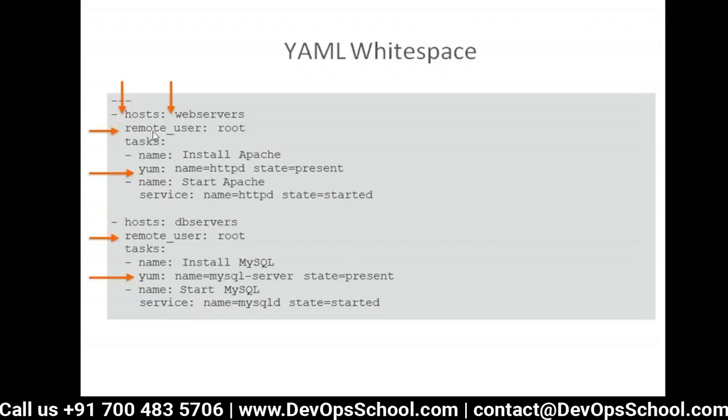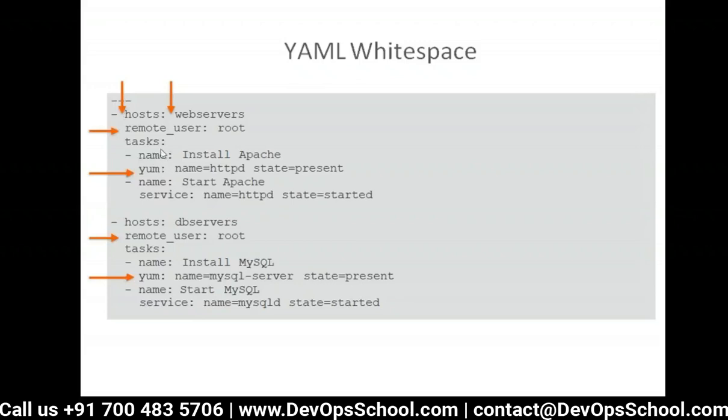Is the whole document a list of dictionaries or a dictionary? List only, because it's a hyphen. Remember, whenever you see a hyphen, that means it becomes an element. Here you have a hyphen, here you have a hyphen, two hyphens. So the whole document becomes a list. So how many elements do you have? One is the first play, and the second is the second play.